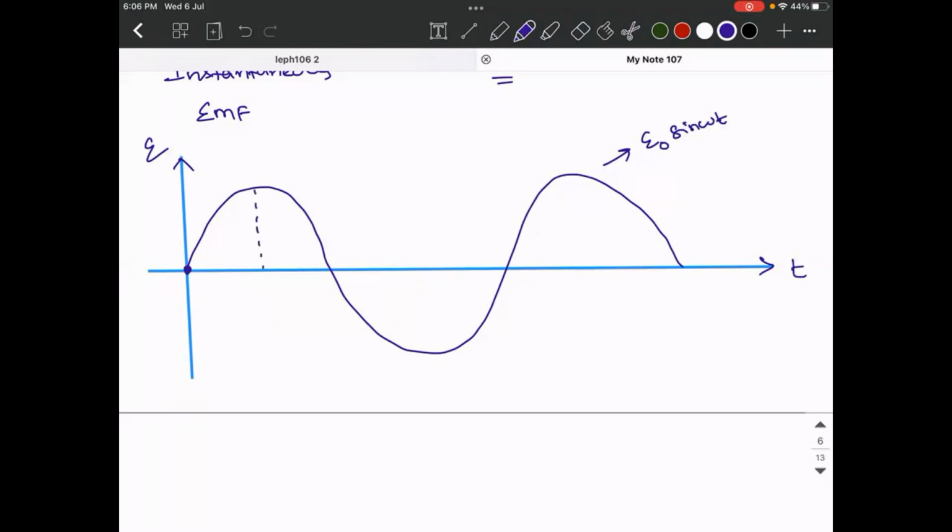If I drop a perpendicular, this will be E naught, and this will also be E naught. So that is what we mean by the maximum value. Am I clear with this? Please make a note of all these points.